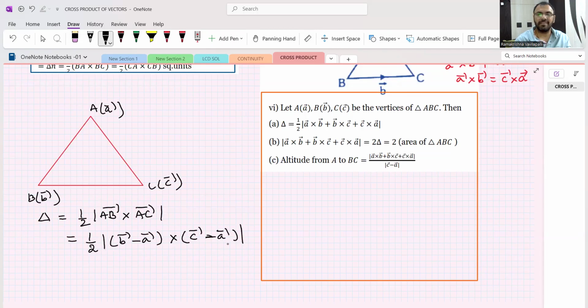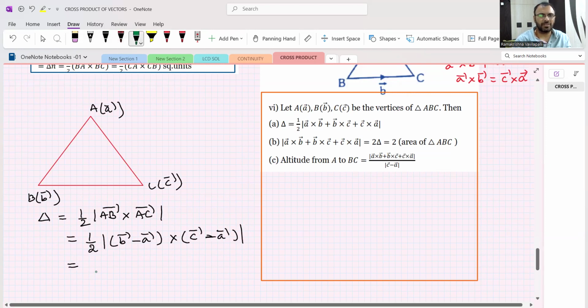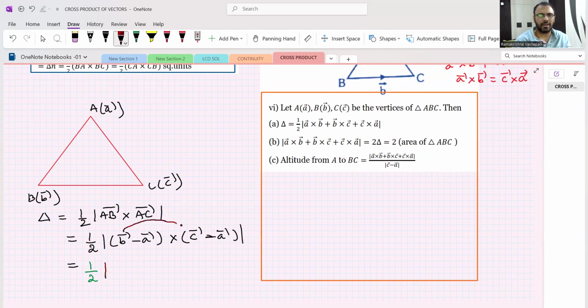Now do the individual cross with each term. So this is half into modulus of B bar cross C bar, minus B bar cross A bar, and minus A bar cross C bar. Anyway, A bar cross A bar becomes 0.